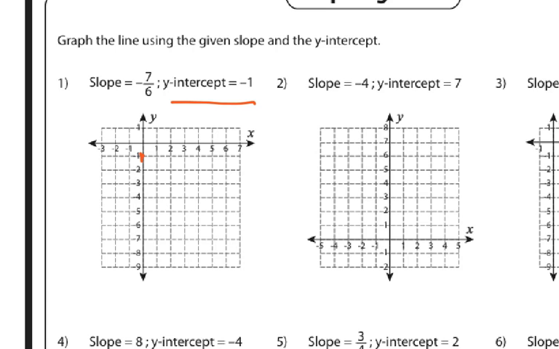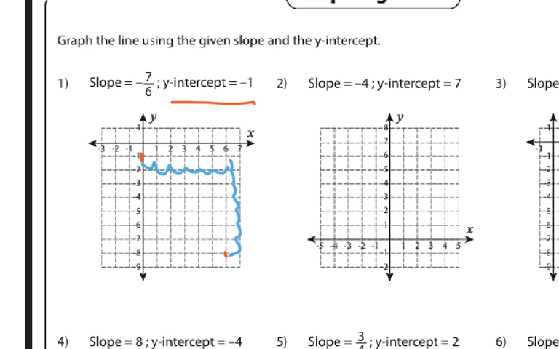Now, what we're going to do is use the slope, and graph the next point. So don't forget, we're going to fall 7 and run 6, or we can run 6 and fall 7. I think in this case it's going to be easier to run 6 and then fall 7. So let's go over. So 1, 2, 3, 4, 5, 6, and then we're going to go down 7. 1, 2, 3, 4, 5, 6, 7.